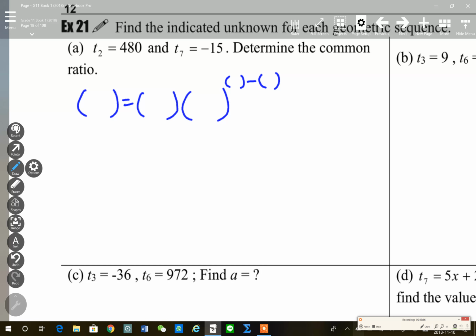So that means you should have everything. This one is the last term. So which blank is the missing one? 1, 2, 3, 4, 5. Which one? R. So you should be able to fill in everything else.